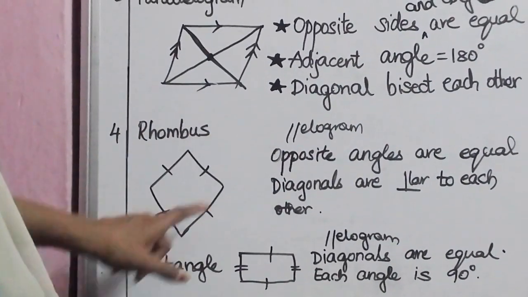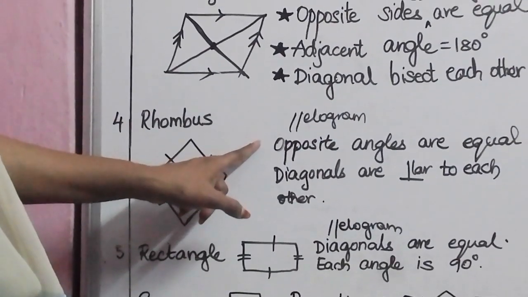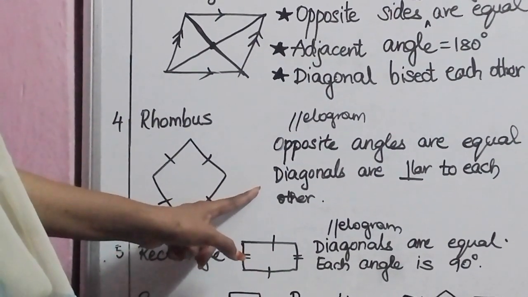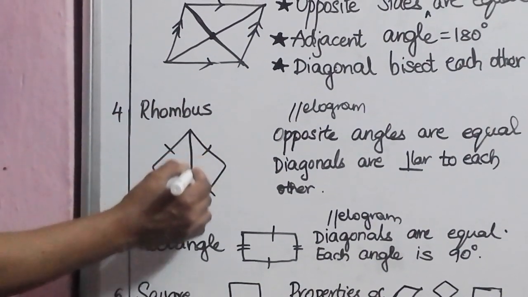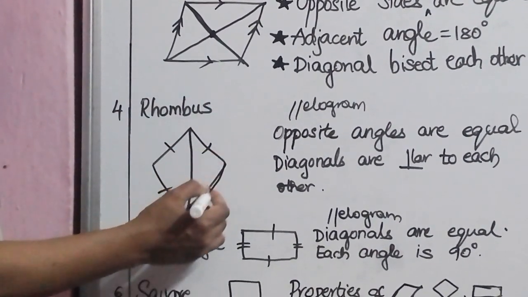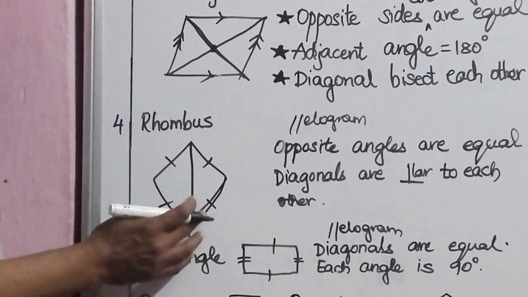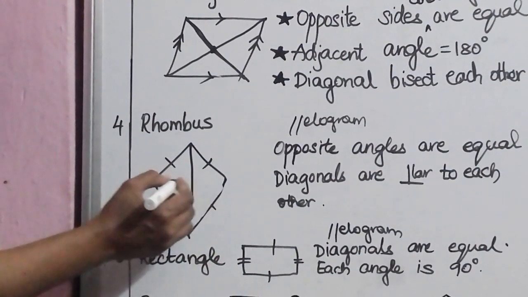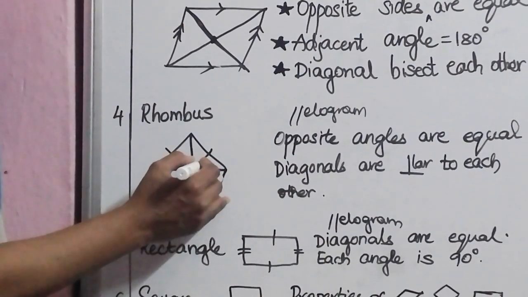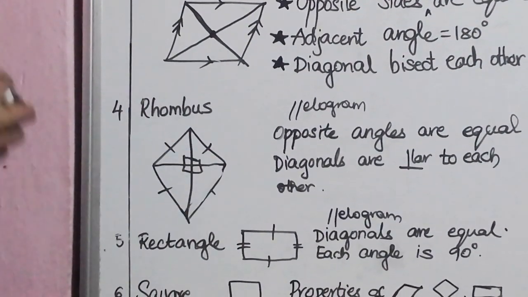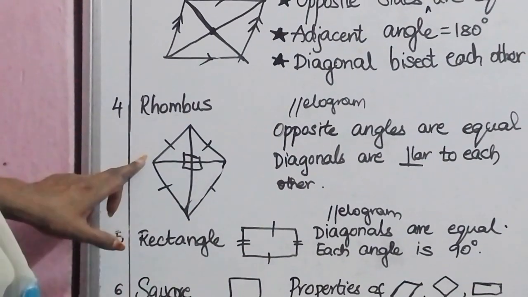And in addition to this, you know that the opposite angles are equal. Diagonals are perpendicular to each other. So here if you draw a diagonal, you can see that the diagonals are perpendicular to each other.